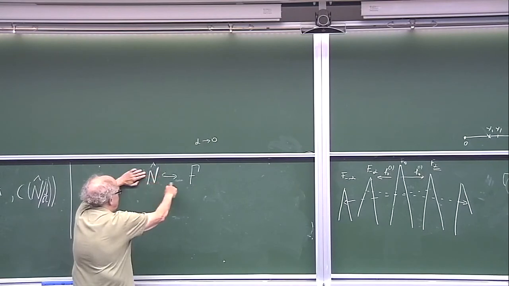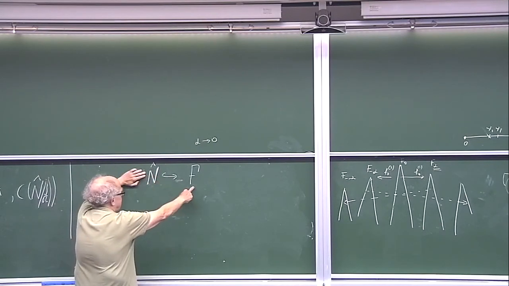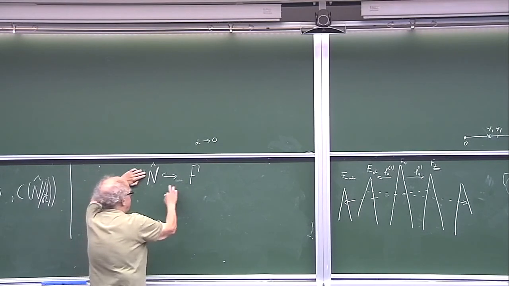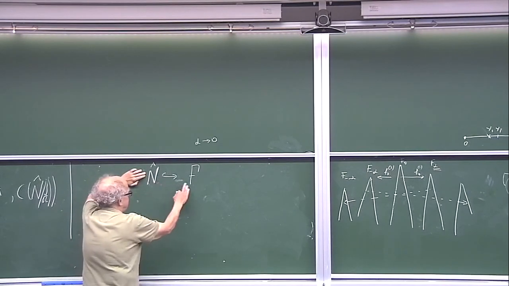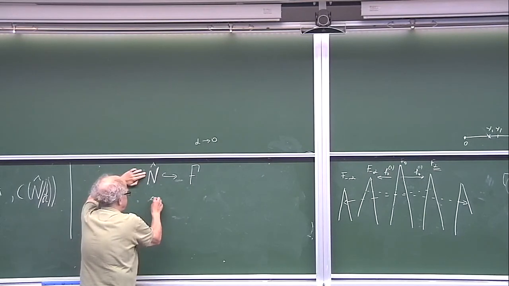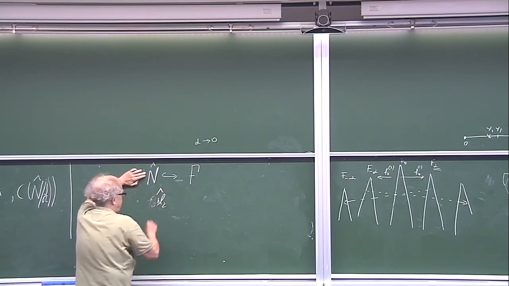Who is acting actually here? Because this N is a part of the flag manifold F, on F it is acting fully, in our case full SL2 hat.